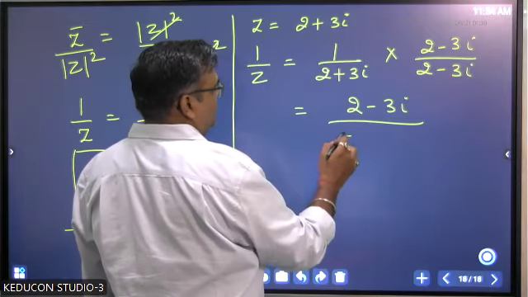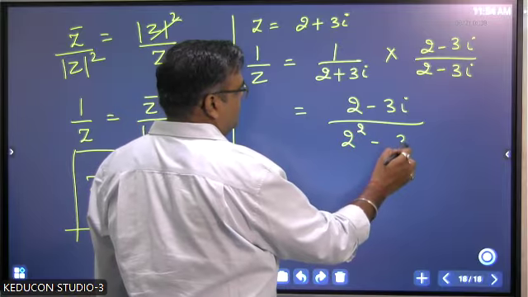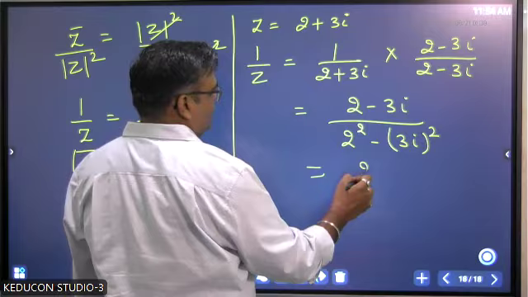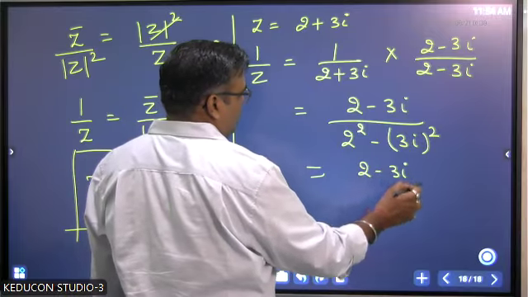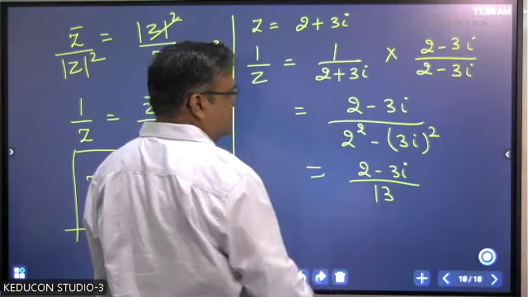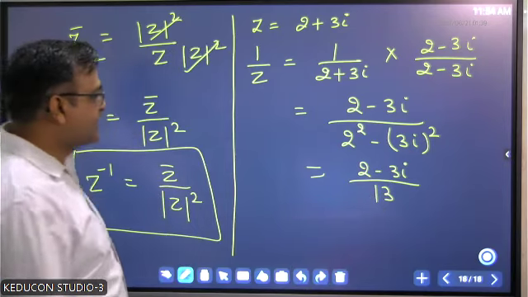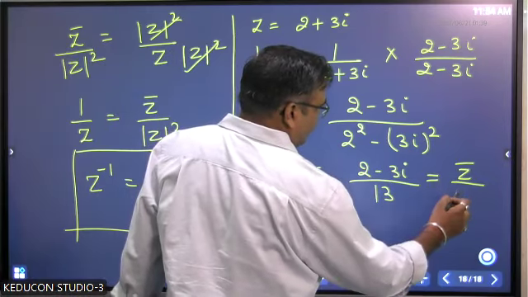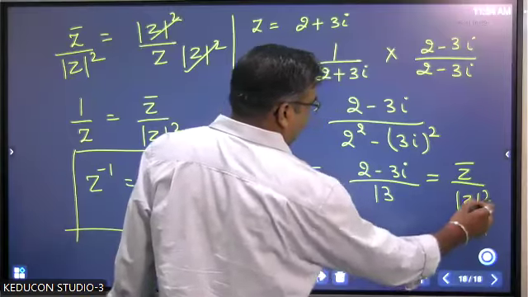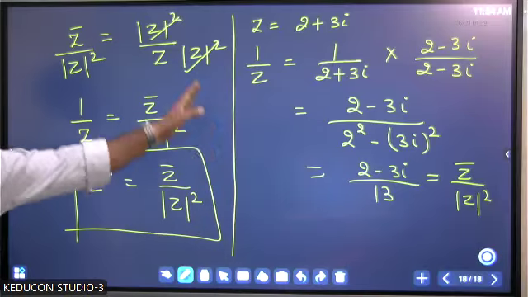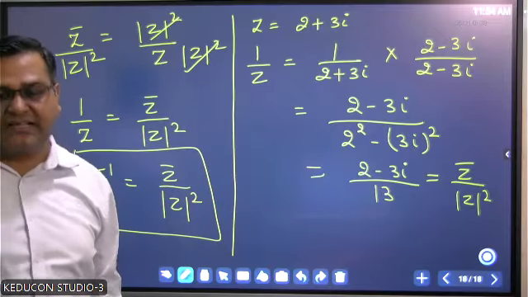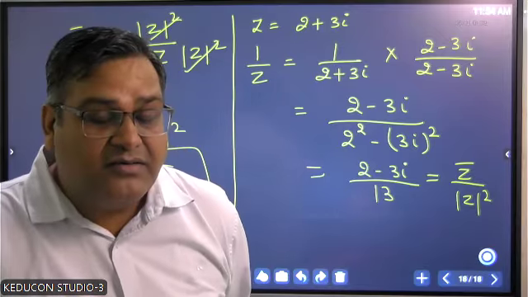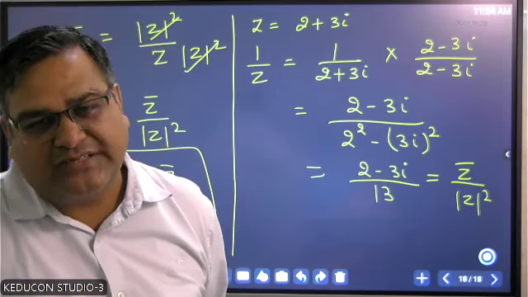In the denominator you have 2 square minus 3 iota whole square. So this becomes 2 minus 3 iota divided by 13. Now what is this? This is the conjugate of z and this is mod z square. So therefore the multiplicative inverse is also equal to conjugate of z upon mod z square.